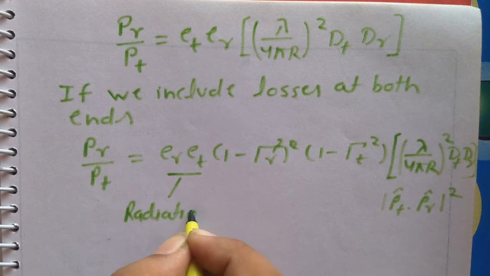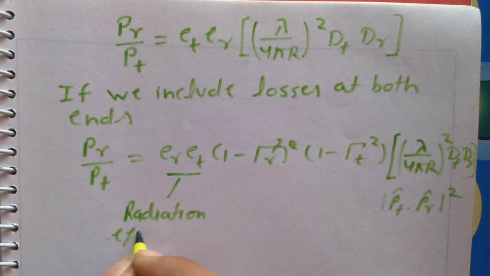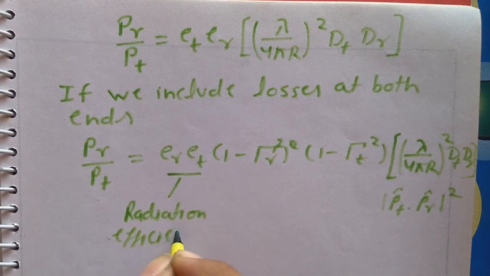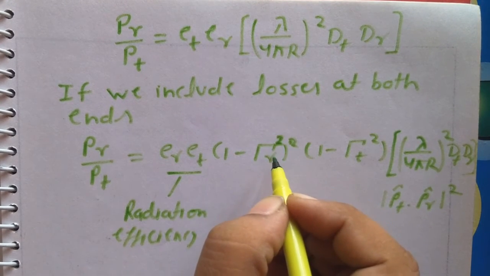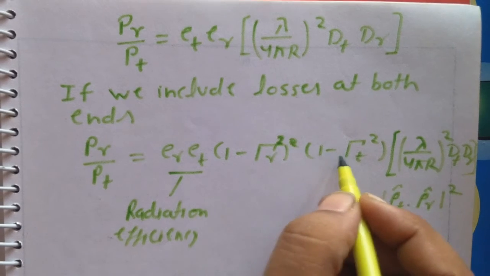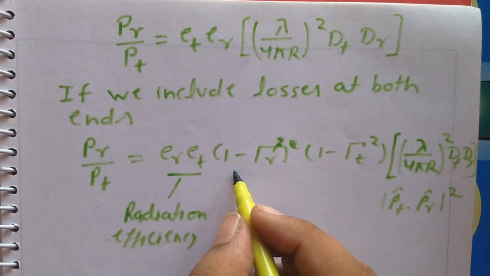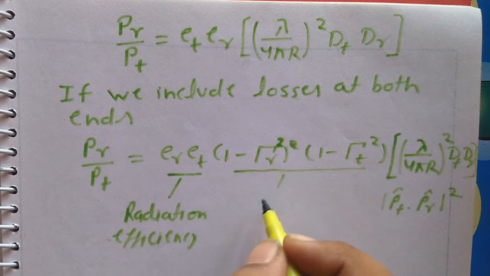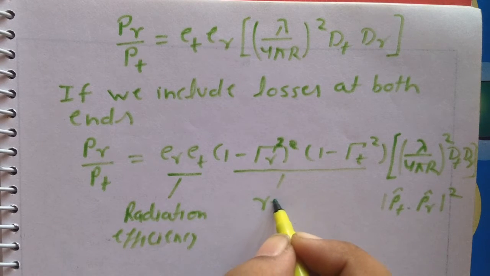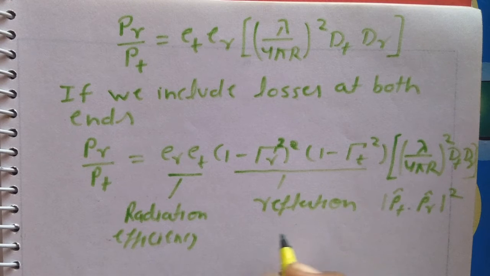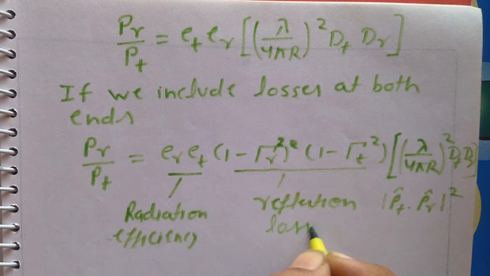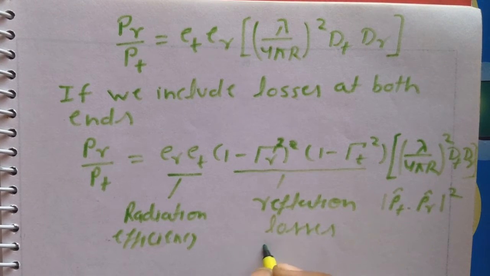radiation efficiency. And 1 minus mod of gamma r square, and 1 minus mod of gamma t square, these are the reflection losses due to mismatch.